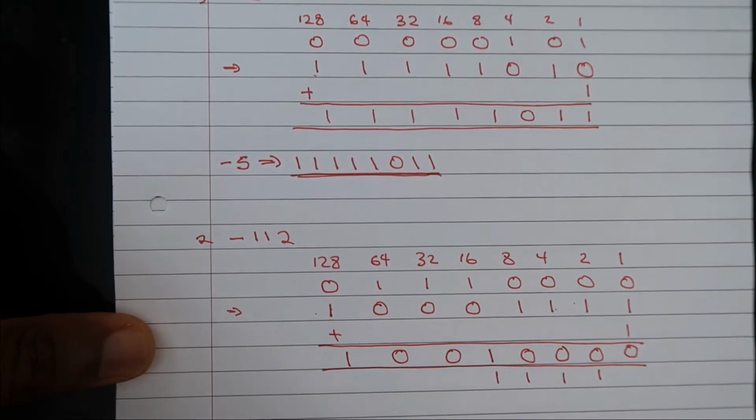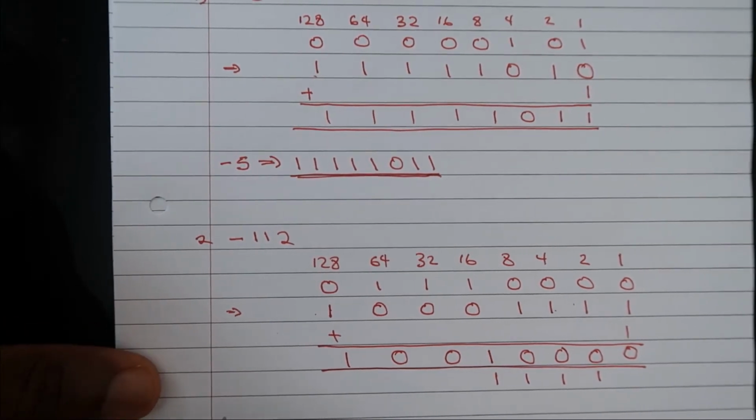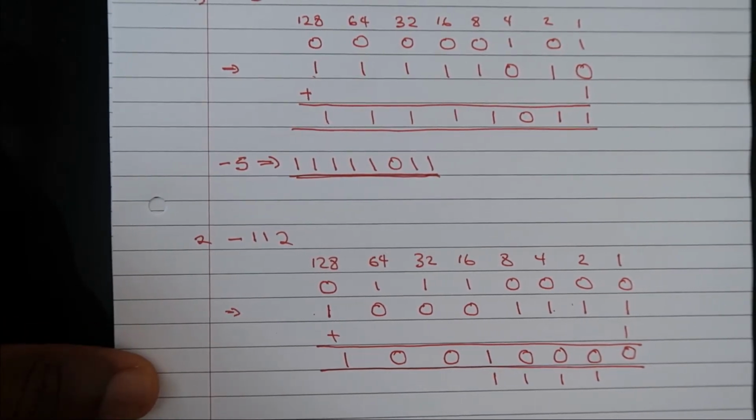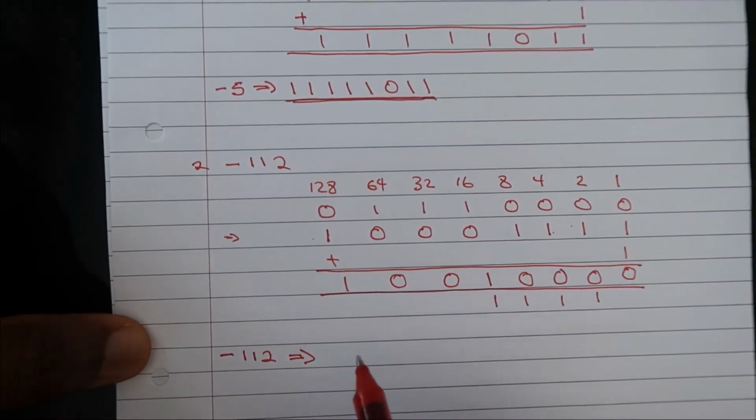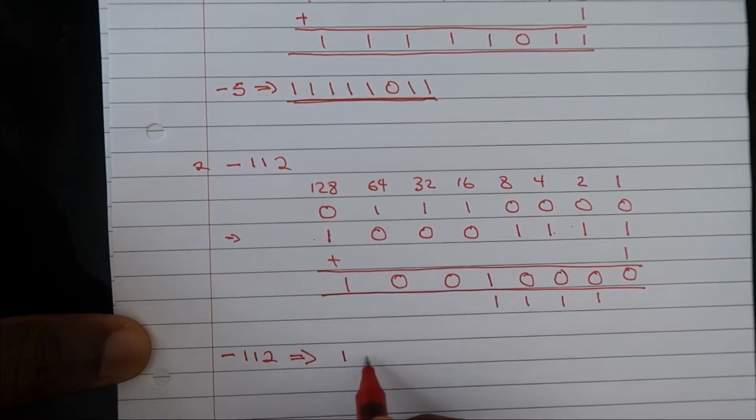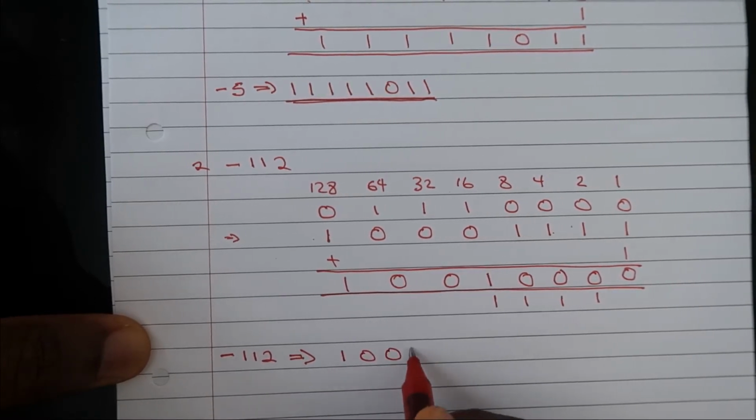Okay, so -112, when represented in binary using 2's complement, is 1, 0, 0, 1, 0, 0, 0, 0.